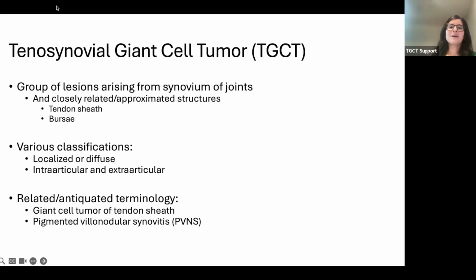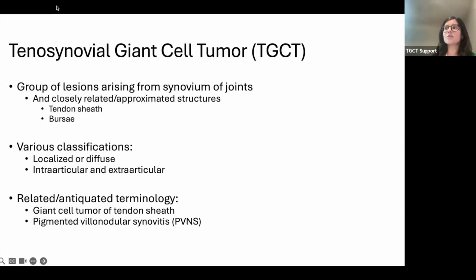All right, so tenosynovial giant cell tumor, this is a group of lesions arising from the synovium of the joint space. Again, it can extend out into closely related and approximated structures, including tendon sheath and bursae. Various sorts of classifications, but the main ones that we use right now are, is it localized disease versus diffuse disease?